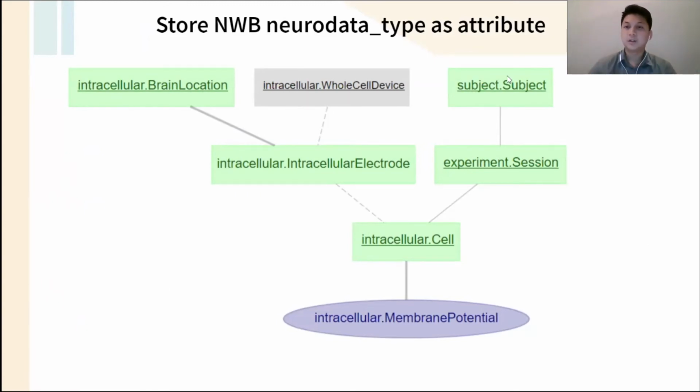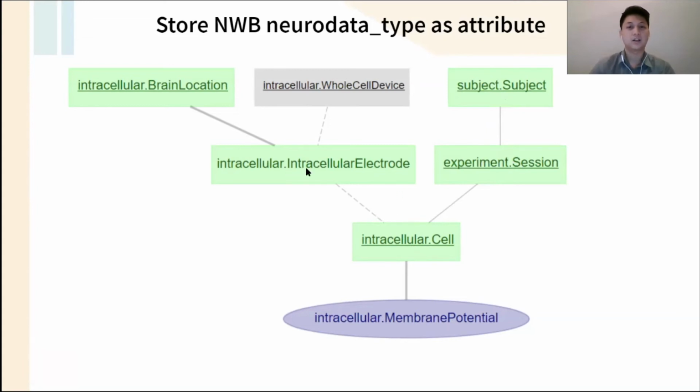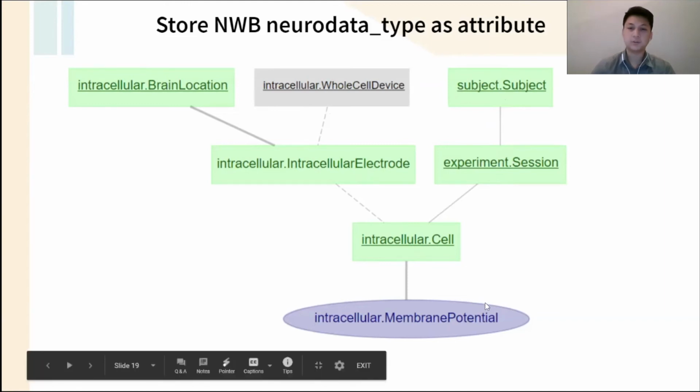We start with a subject, multiple subjects, and multiple sessions per subject. Under each session, there can be multiple recorded cells. For one cell, we have a recorded membrane potential. And for this membrane potential recording, we also need information about the intracellular electrode, the device, and the brain location. So this is a fairly simple pipeline for membrane potential, for example.